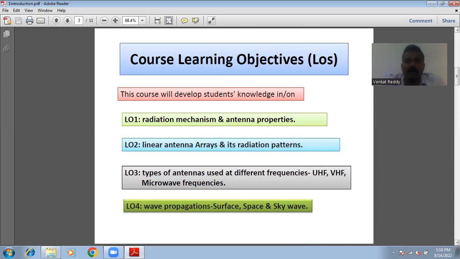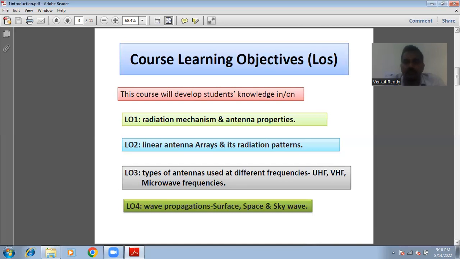Like all other electronic devices, an antenna also will have certain properties, like gain of the antenna, directivity of the antenna, beamwidth of the antenna, radiation pattern. All these things we are going to understand from learning objective 1, radiation mechanism and antenna properties. Learning objective 2 is linear antenna arrays and their radiation patterns.